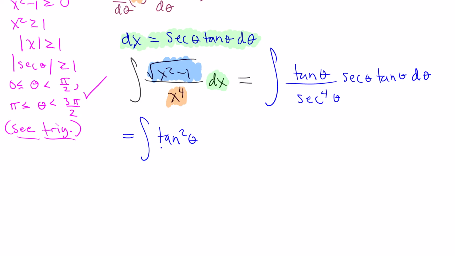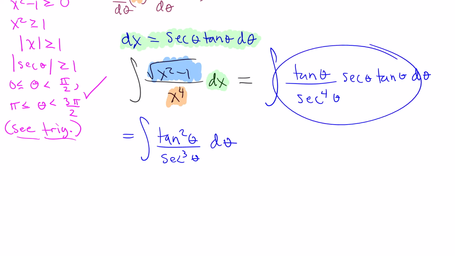Tangent squared theta over, and then notice we had a secant to the fourth theta in our denominator, but then next to it was just a secant theta in the numerator. So if we reduce those, then that really means we have three of them in the denominator. So I'm going to say that underneath the tangent squared theta, we have this secant cubed theta. And then, of course, just a d theta after that. That just blends all this trig together, doing some very basic fractional simplification.